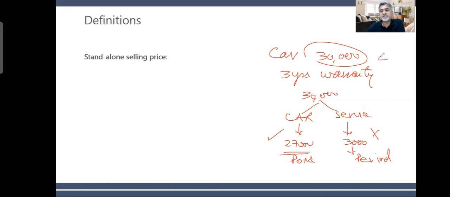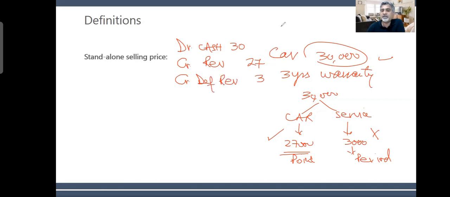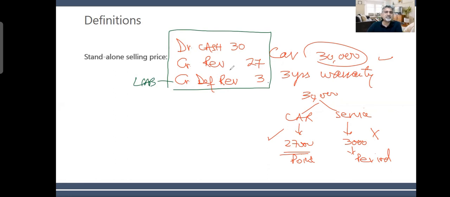So customer pays 30,000. Usually what we say is debit cash 30K because we received cash, credit revenue, which is the revenue from the sale of the car, 27, and credit deferred revenue, 3,000. Deferred revenue is called advance revenue. It is a liability, because you have received $3,000, but you have not provided the service.